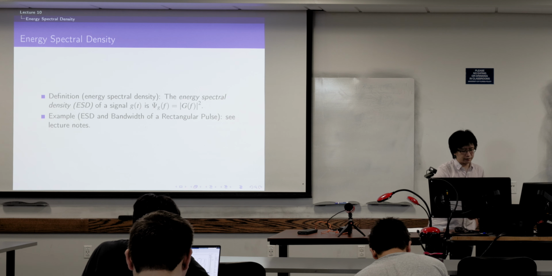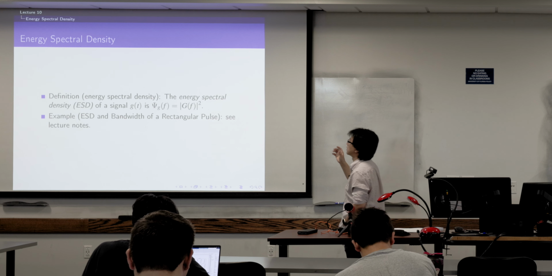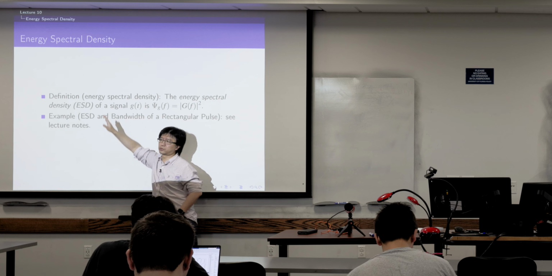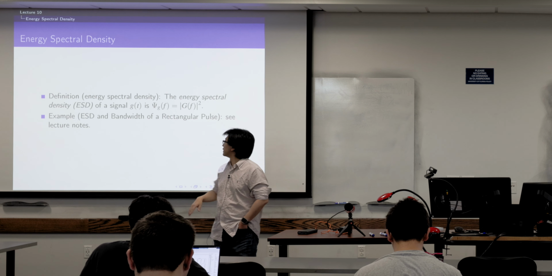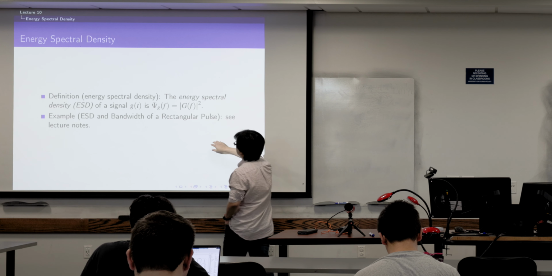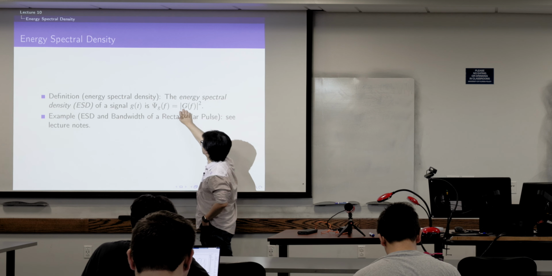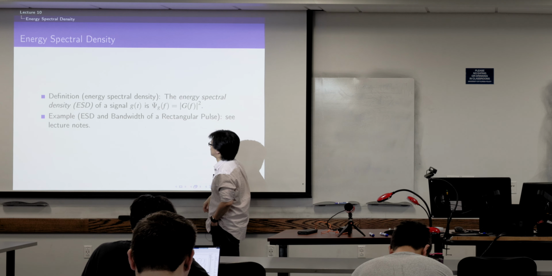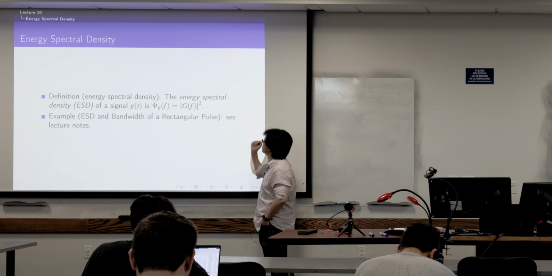Since it's in the frequency domain, we call that energy spectral density. Spectral basically means the frequency domain. And we define psi g as the magnitude of G(f) squared. That is our energy spectral density.